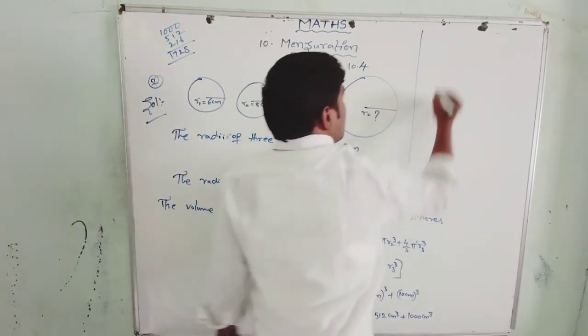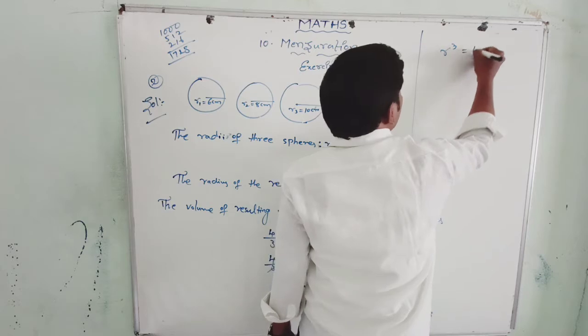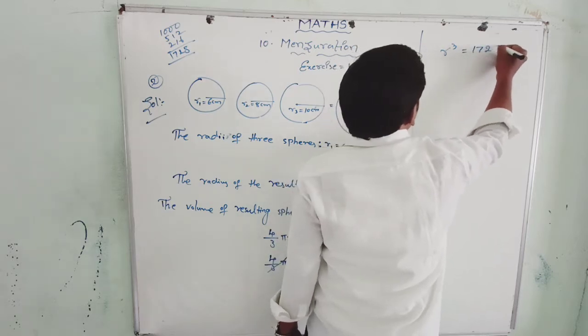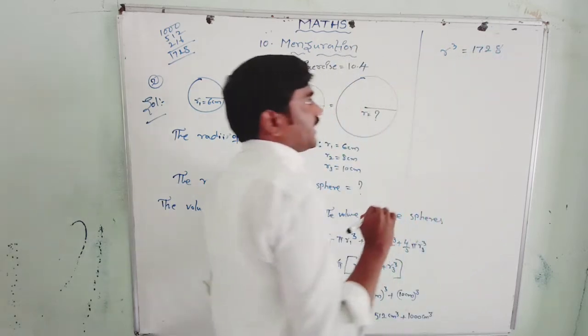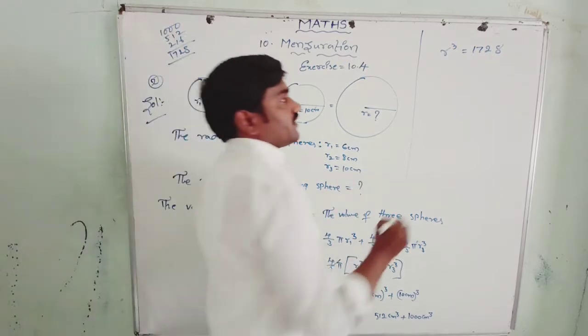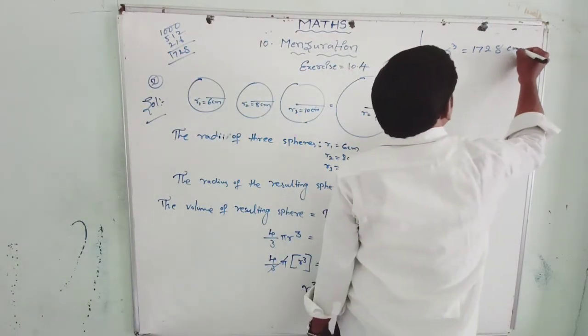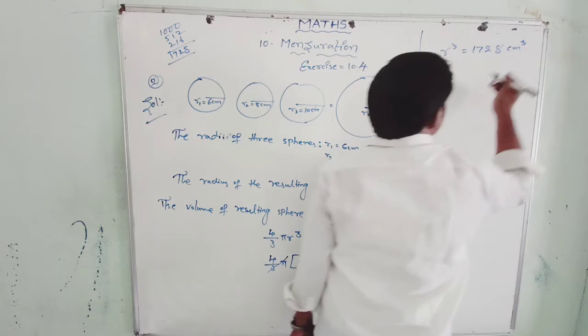See that r cube equals 1728, that is 1728 centimeter cube.